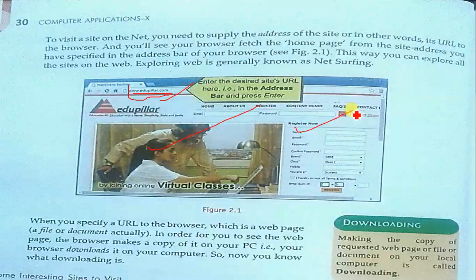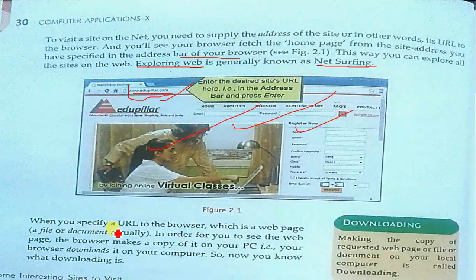This is the home page of the website. See, this is the figure, and in this way we can explore all the sites on the web. Exploring the web is generally known as net surfing.